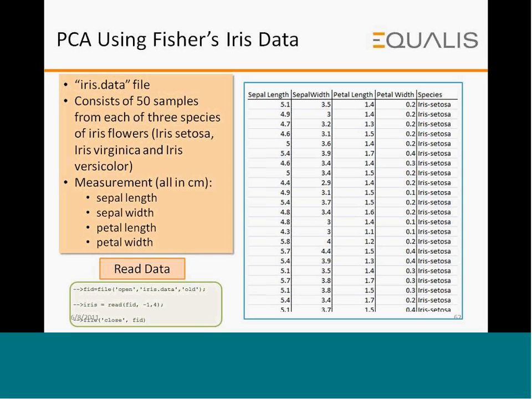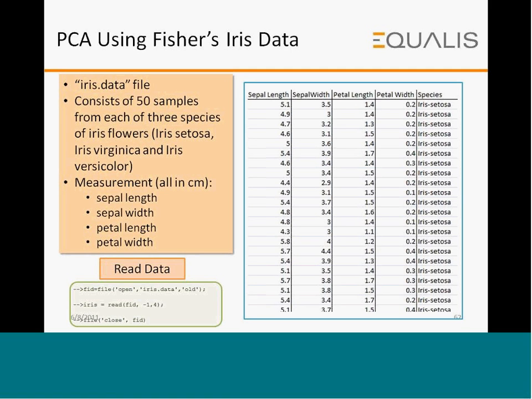Say I have this Fisher's iris data, which is essentially 50 samples from 3 species of iris flowers: Iris setosa, Iris virginica, and Iris versicolor. And the 4 attributes that we have for these samples are sepal length, sepal width, petal length, and petal width.